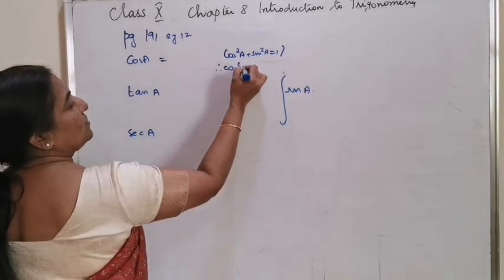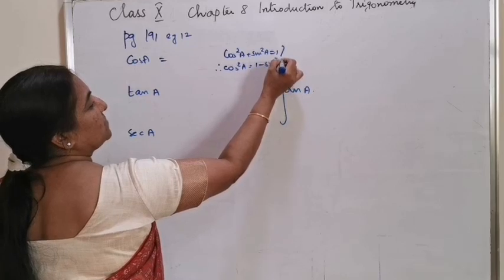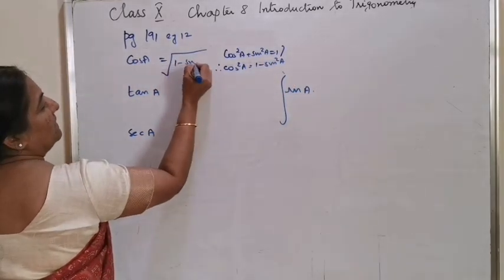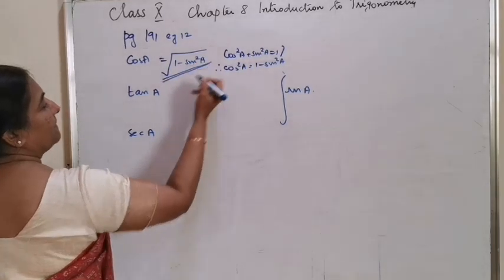Therefore, cos square A can be written as 1 minus sin square A, or cos A can be written as square root of 1 minus sin square A.